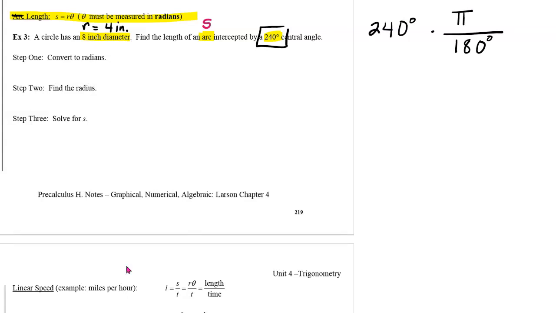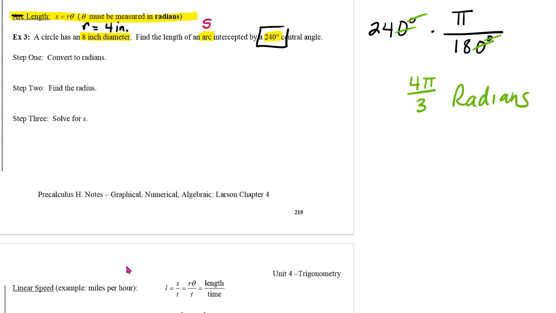And so the degrees are going to cross cancel. The zeros are going to cross cancel. And then you could actually take the 24 and the 18, and you could simplify each of those into 4 pi over 3. So 4 pi over 3. So that is the radians for the formula.